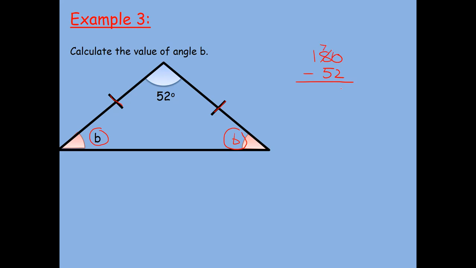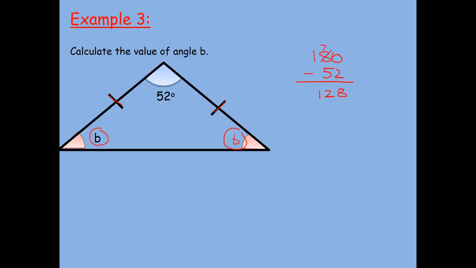Then we've got 10 take away 2 is 8. 7 take away 5 is 2. Then 1 take away 0 is 1. So we've got 128, but that is equal to 2 lots of B.